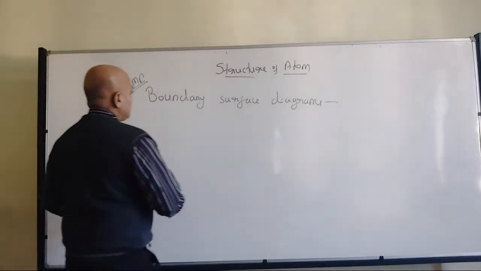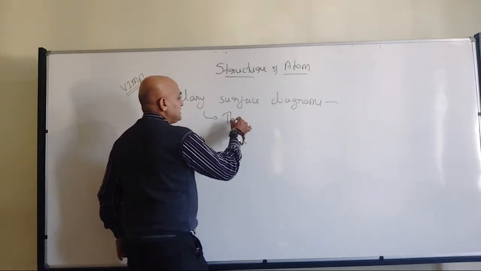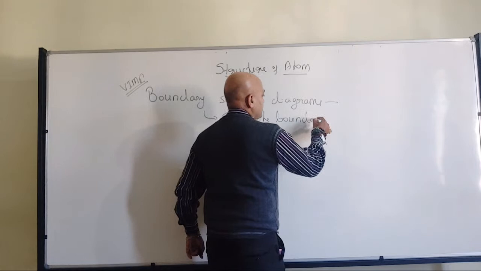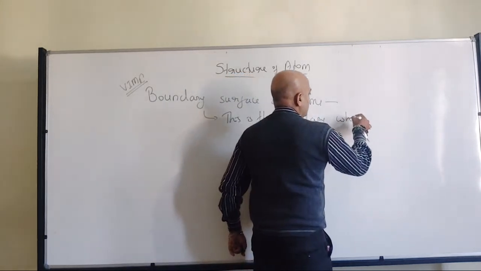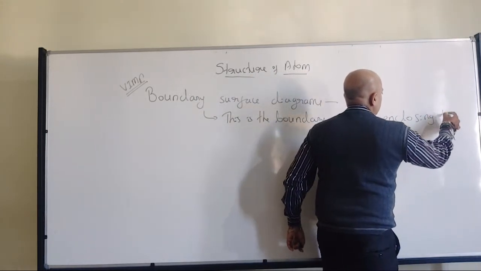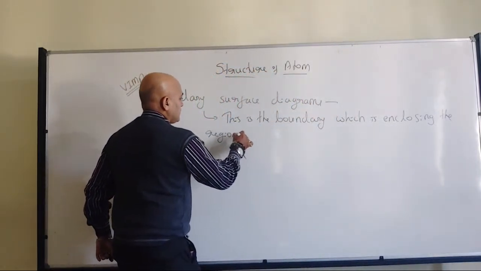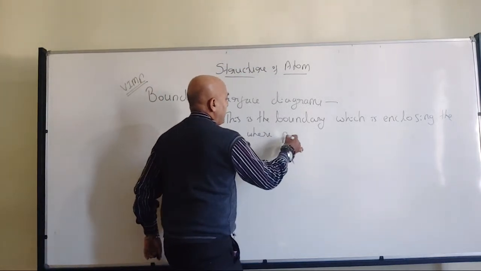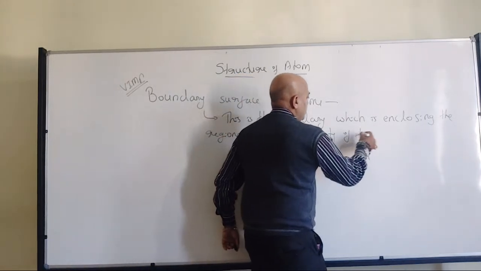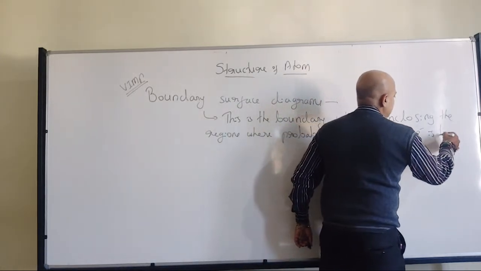Now, this is the boundary, which is enclosing the regions where the probability of finding the electron is high.